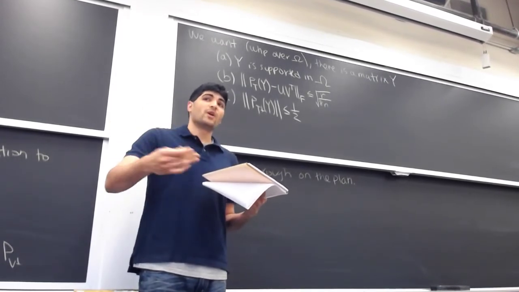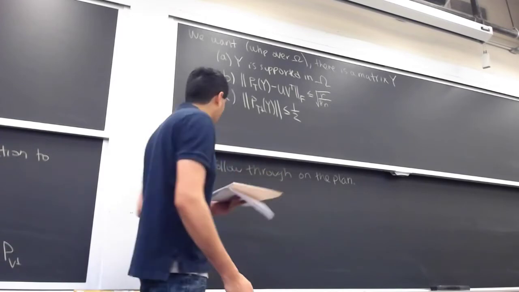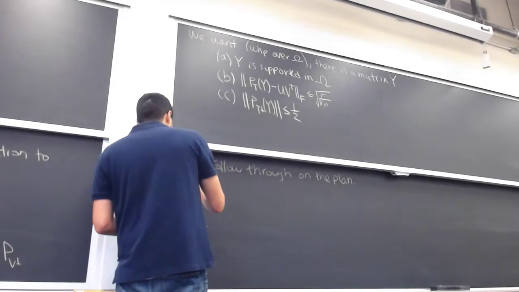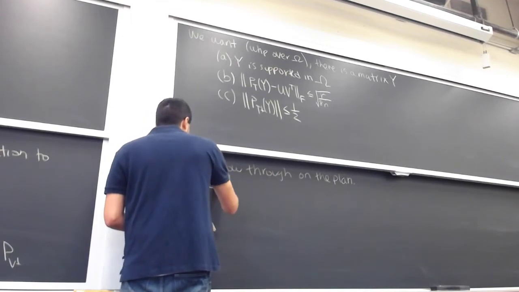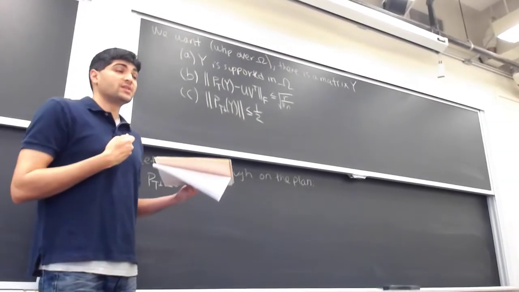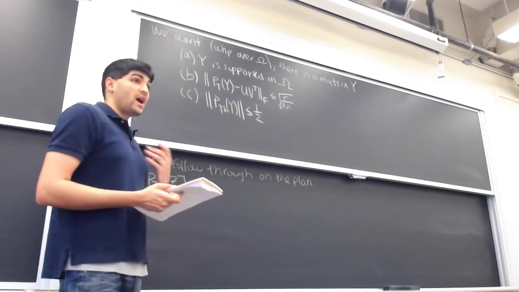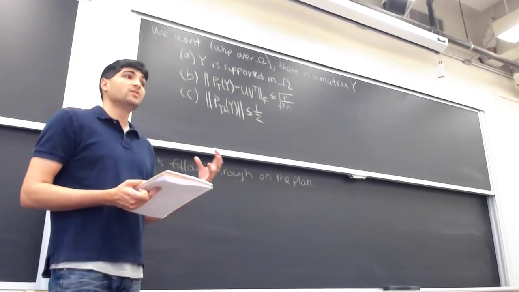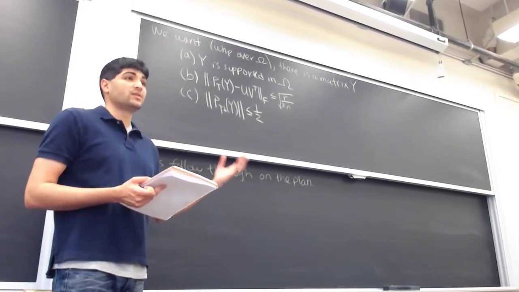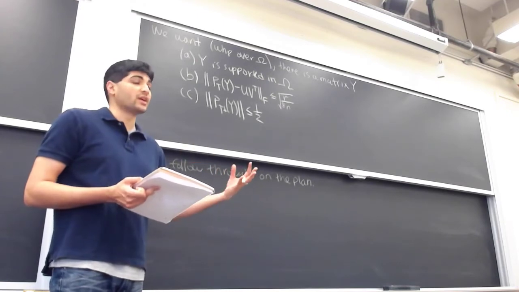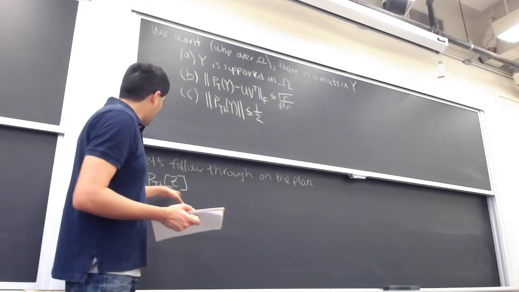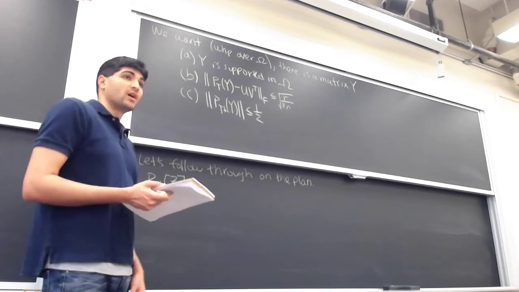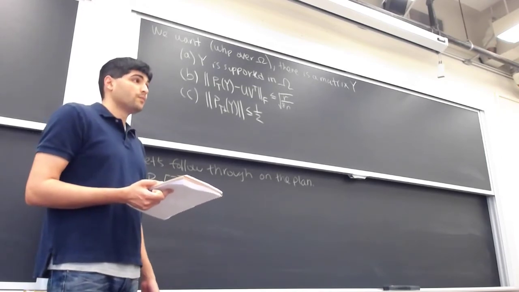And what we want to do is we want to augment that dual certificate. So the way that we're going to do this is we're going to take P_T perp of Z. So you give me Z, and I hypothetically in my mind, let's say I already knew what T and T perp are. This is just a thought experiment where I can pretend I know everything about it. And what I do is I take Z and I project it onto T perp.